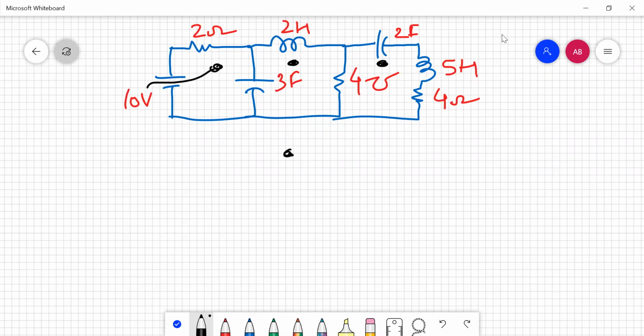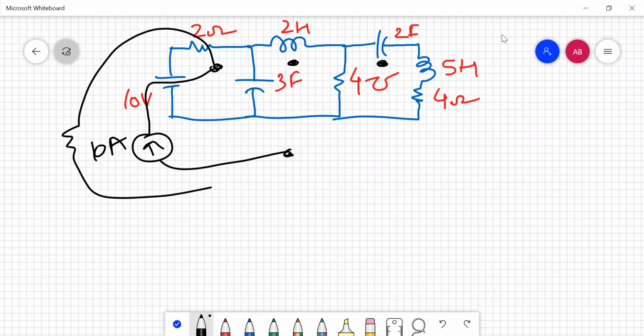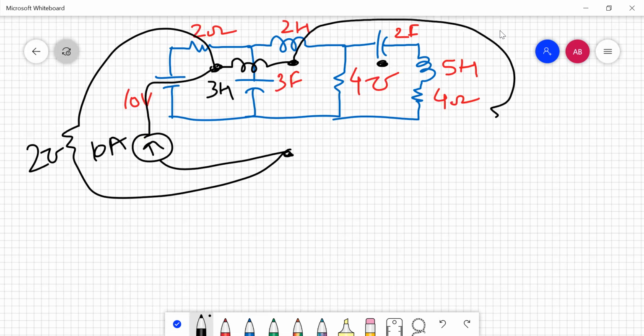So now your 10 volts is going to get changed to 10 amperes. Then your 2 ohm will be replaced with 2 mhos. Then this 3 farad will be replaced with 3 henries. 2 henries will be replaced with 2 farads.